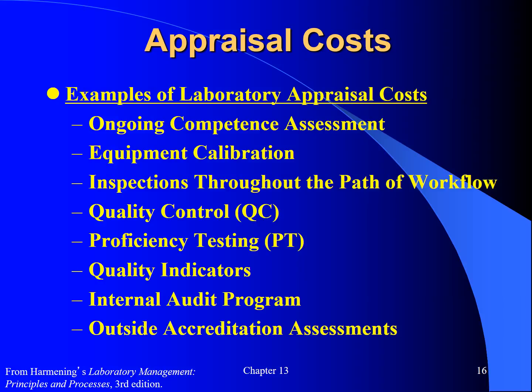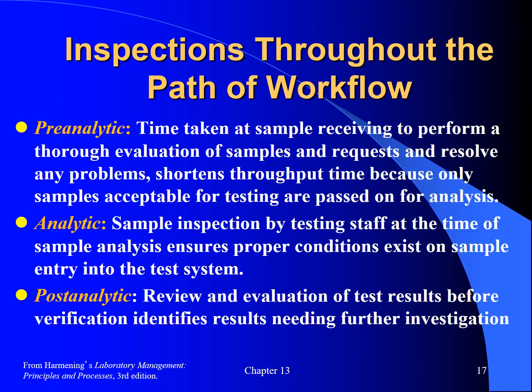Equipment calibration: money spent in time, calibration materials, and calibration instruments ensures that equipment and instruments are measuring accurately, thus providing accurate test results. For example, instrument warnings or flags, absurd values, delta checks, critical values, etc., ensure only accurate results are released.